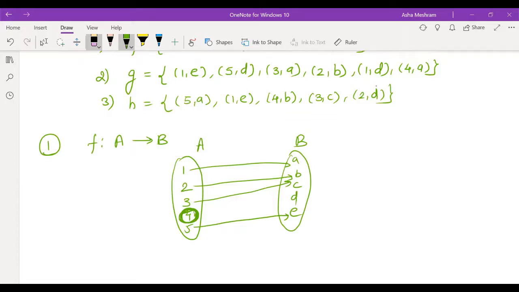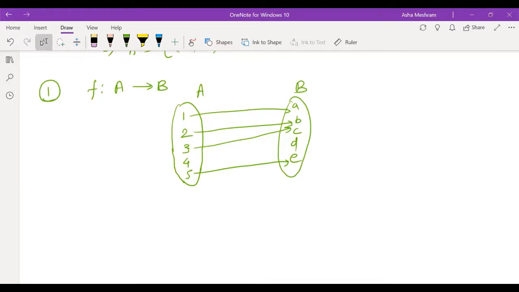What should we have? For every element of the domain, there must exist at least one element in the codomain. So properly I write 1, 2, 3, 4 and 5. This 4 is not assigned.